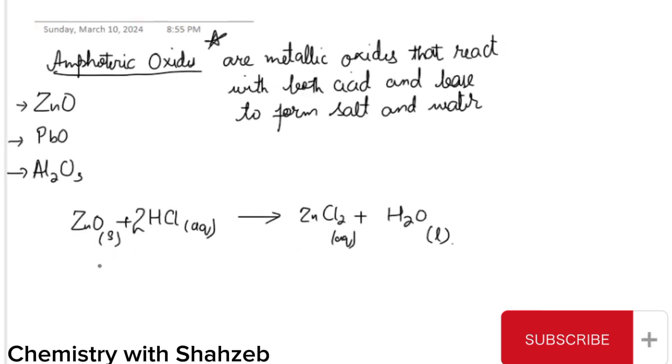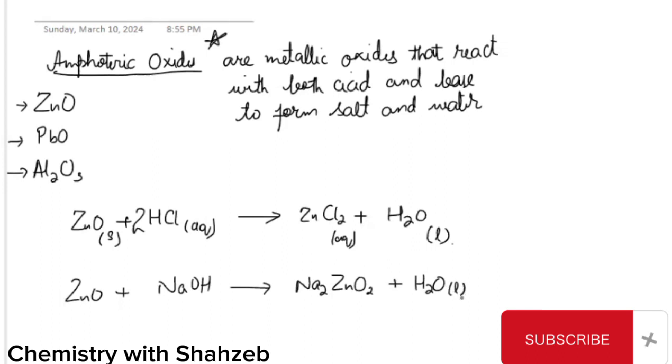Then zinc oxide in a similar manner reacts with an alkali, which is sodium hydroxide, and forms sodium zincate, Na2ZnO2, and water is produced. So water is in liquid state, and zinc oxide is in solid state.